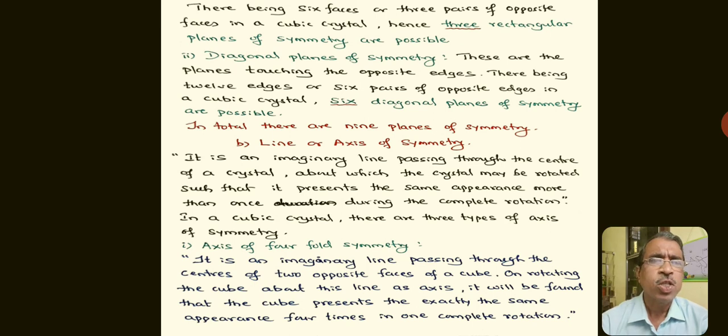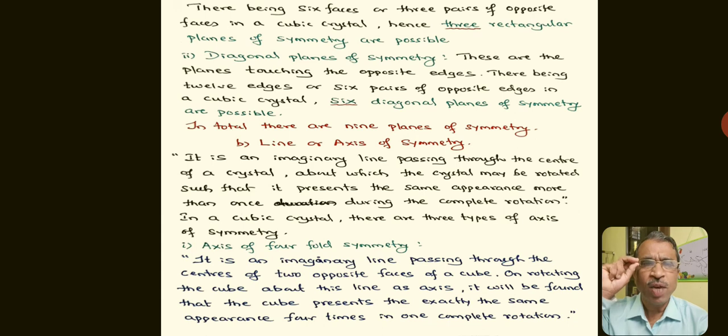In a cubic crystal, there are 3 types of axis of symmetry: number 1, axis of 4-fold symmetry; second, axis of 3-fold symmetry; and third, axis of 2-fold symmetry.